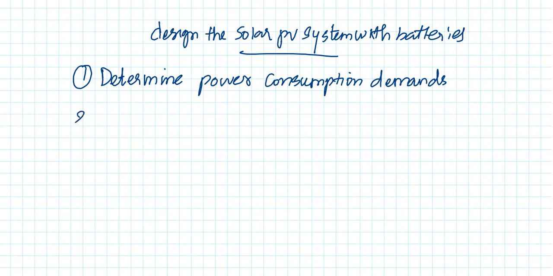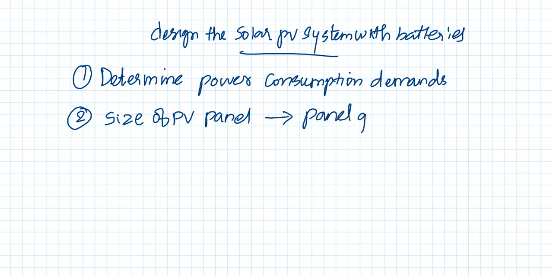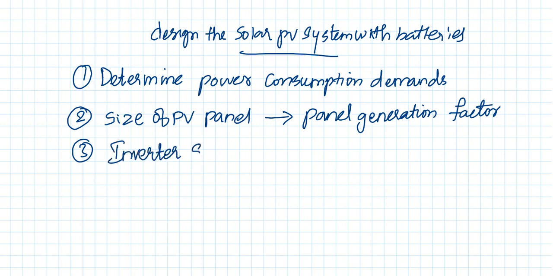Next, based on the power consumption, we have to go for the size of the PV panel. While selecting the size of the PV panel, we have to use the panel generation factor. And third, inverter sizing.